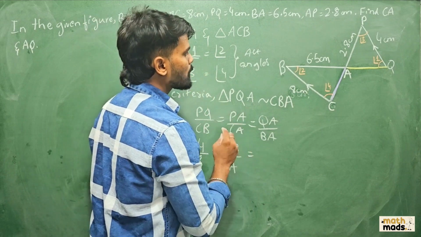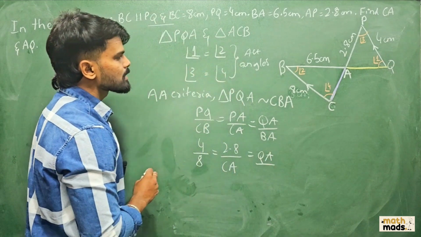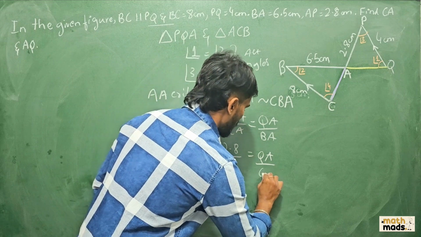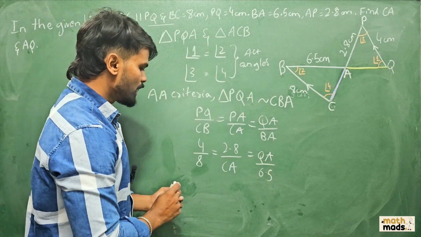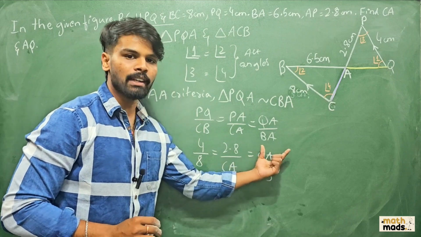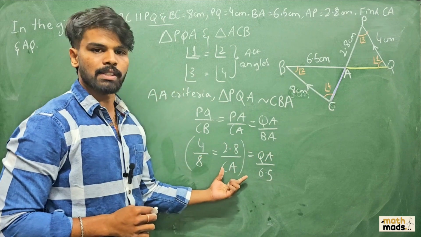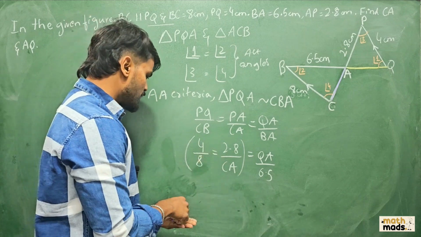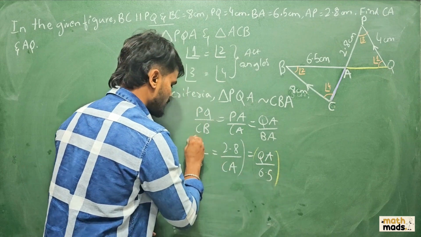The next thing is QA by BA. QA is unknown. BA is 6.5. Now, we have two unknowns here, CA and QA. So first, we'll consider these two ratios and find out CA. Next, we'll consider this ratio and this ratio.